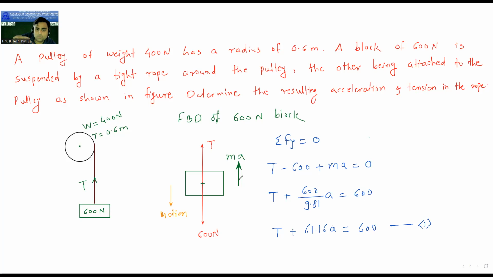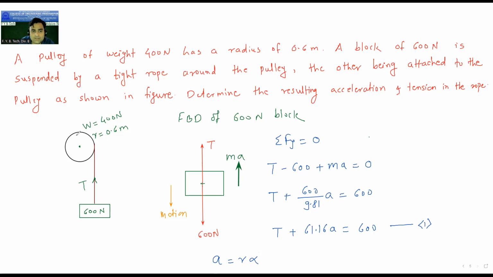Here this pulley will rotate about the centroidal axis with some torque. Linear acceleration A is equal to R into alpha, where alpha is the angular acceleration. We are talking about the acceleration of the pulley.